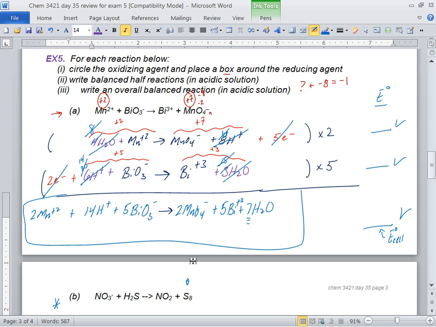If you didn't know S8, you'd say, oh, well, this doesn't have any charge to it, so I have to add up 0 8 times. It's the only way to get it. So sulfur has to be 0 here, so just figure out what it is over here. And then you'll be able to identify whether sulfur got oxidized or reduced.